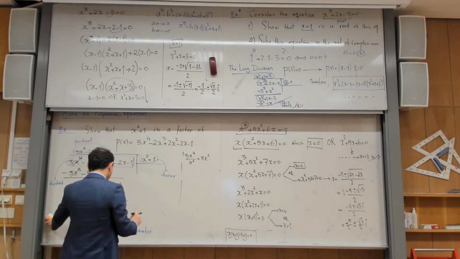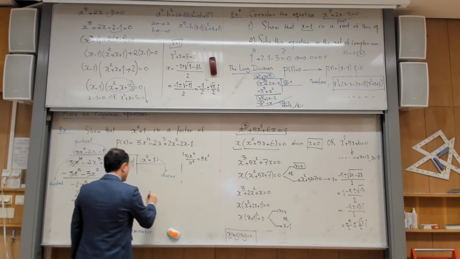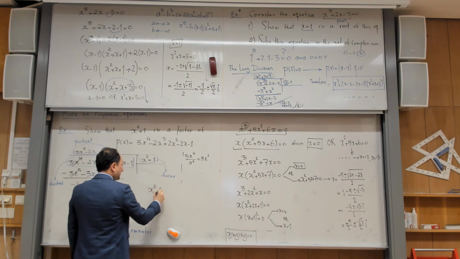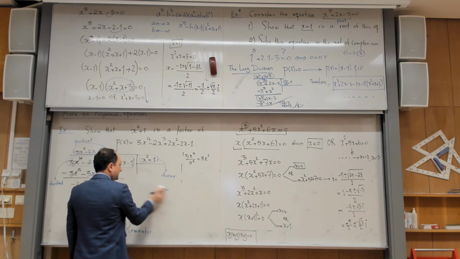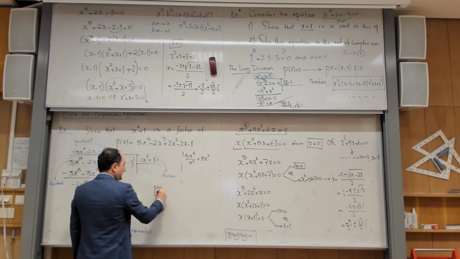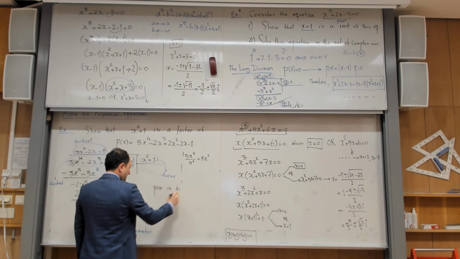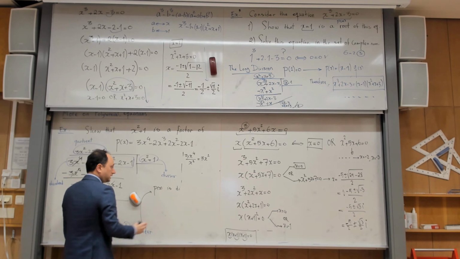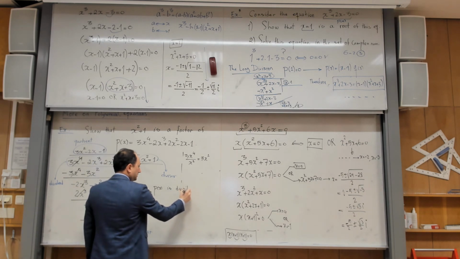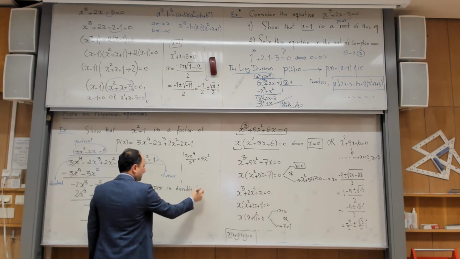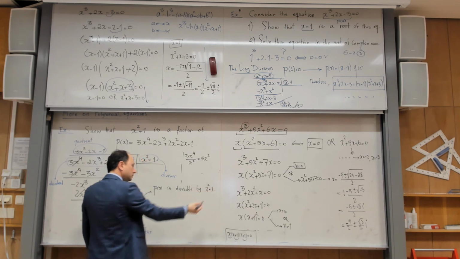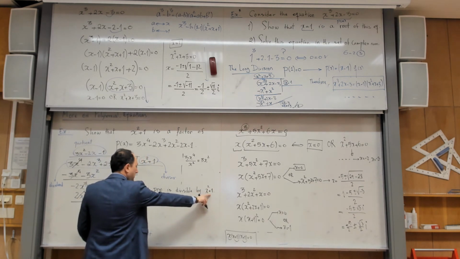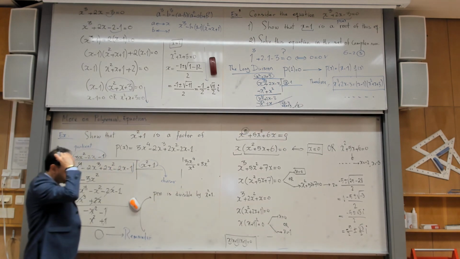Sorry, it tells you that p of x is divisible because the remainder is 0. It is divisible by x squared plus 1. In other words, x squared plus 1 is a factor of p of x.